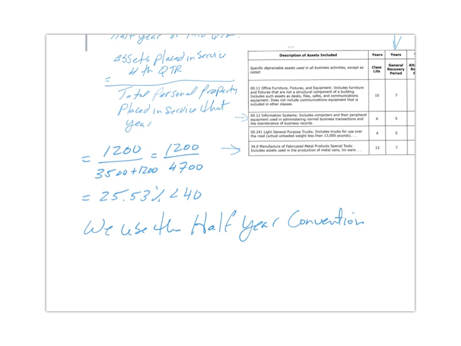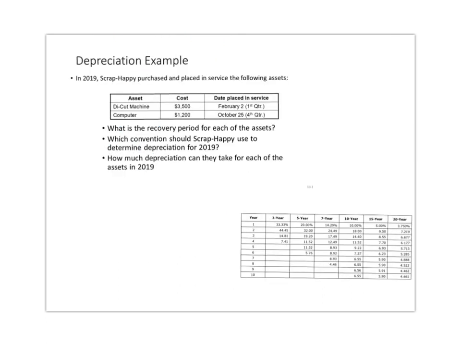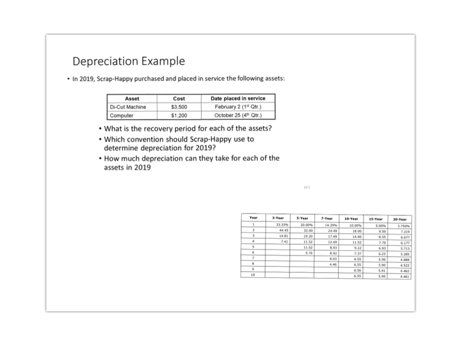All right, so now let's calculate. So now we get to apply kind of what we just looked at and figure out their depreciation. All right, so now that we're on a new slide, we have to remember our recovery periods, and the computer is 5 years, and the die cut machine was 7 years.